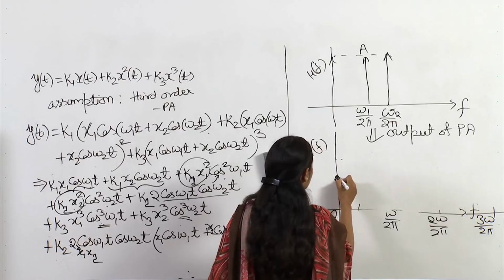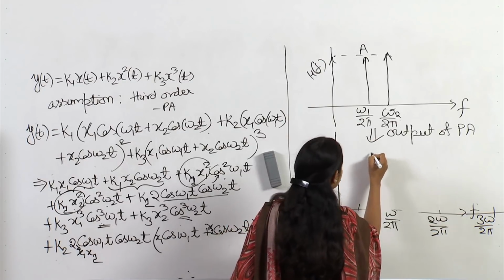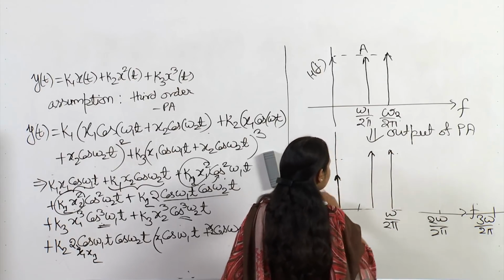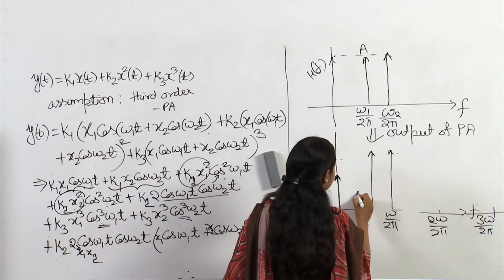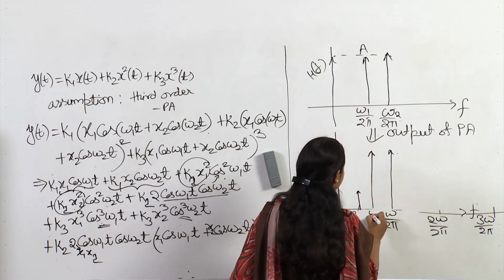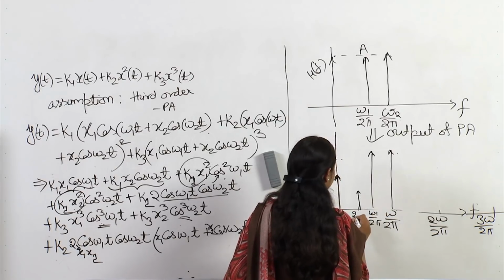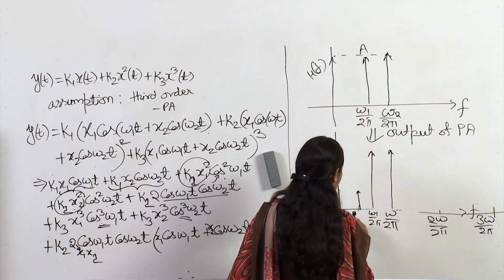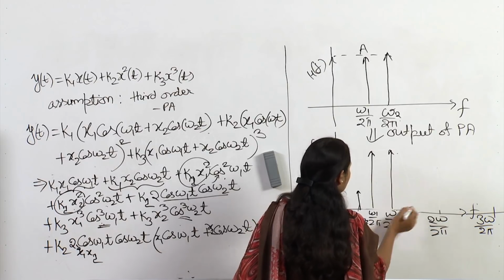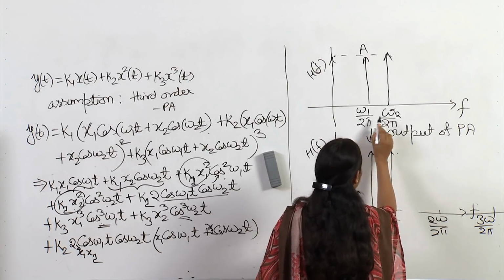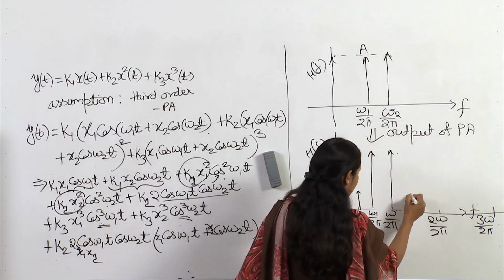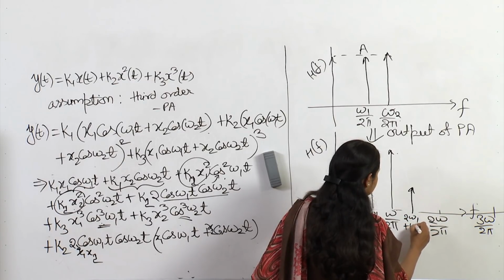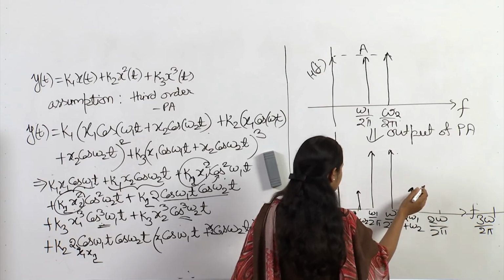We have seen that we will have some signal at DC, we will have some signal at the original frequencies omega 1 and omega 2, and we will have 2 omega 2 minus omega 1, and 2 omega 1 minus omega 2 divided by 2 pi, and some addition term is also there where omega 2 and omega 1 are being added together. So it will be somewhere here, something like this.